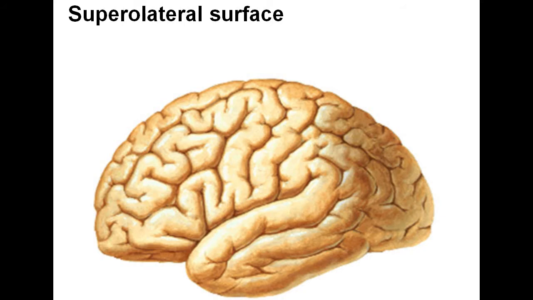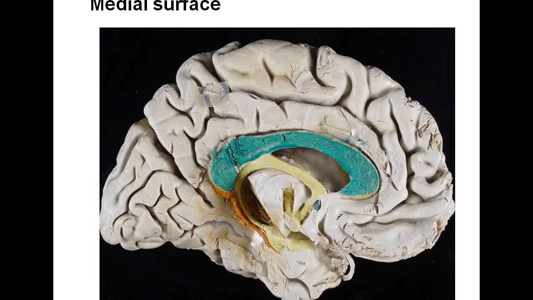It is convex and is related to the cranial vault. Next is the medial surface. It is flat and vertical. It is separated from the corresponding surface of the opposite cerebral hemisphere by the falx cerebri and a longitudinal fissure.